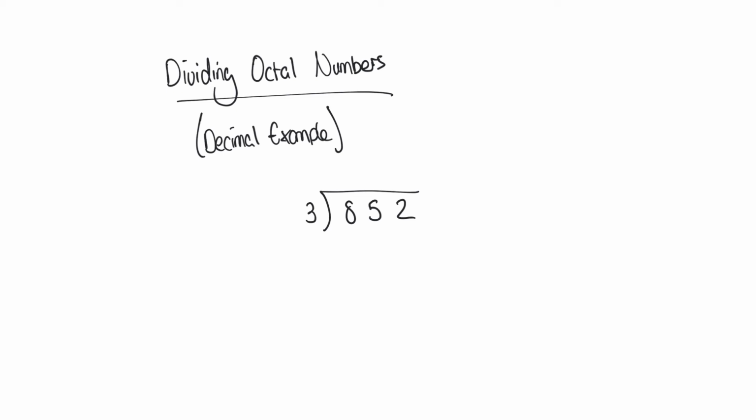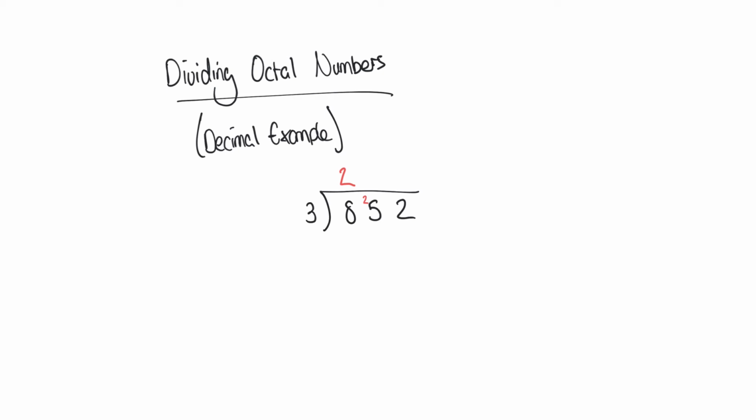So 3 only goes into 8 twice. 2 lots of 3 is 6. And so we started out with 8. We must have 2 left over. So we can write this as 8 divided by 3 is 2, with remainder 2.